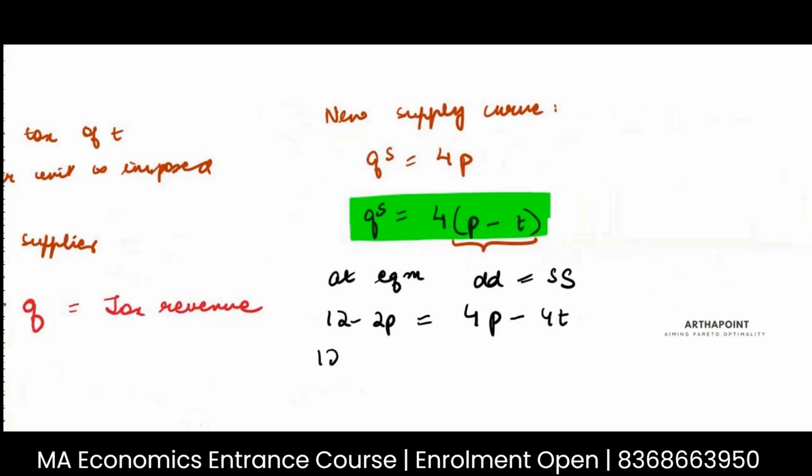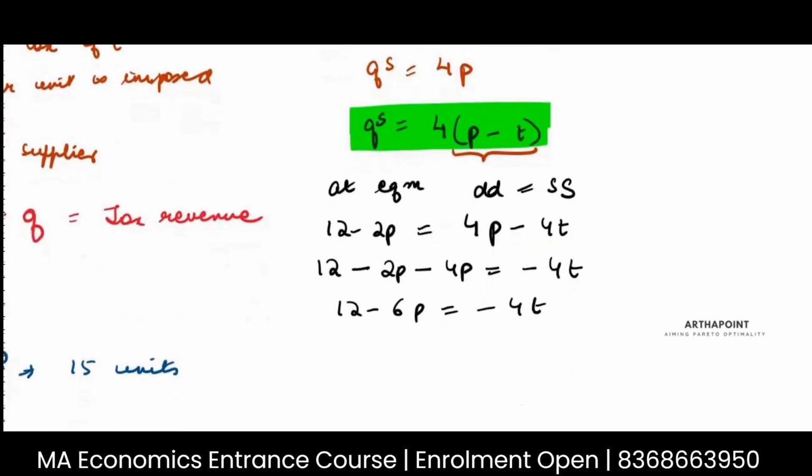So I will get 12 minus 6P is equal to minus 4T. So minus 2T is equal to 6 minus 3P. And T will be (3P minus 6) divided by 2. This is my tax rate.